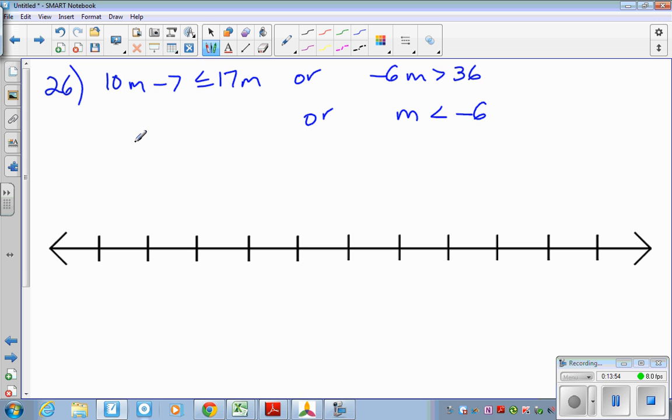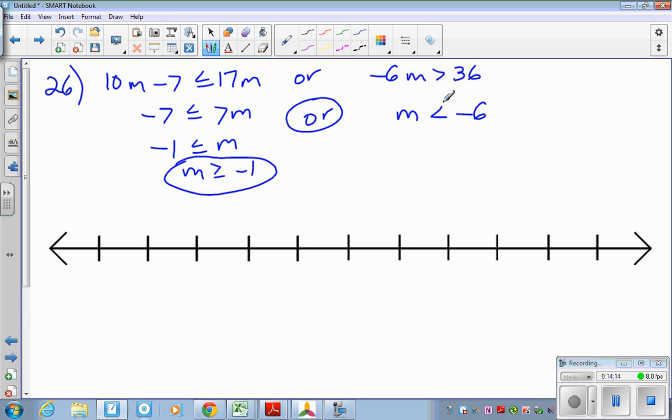Over here, we're going to end up getting negative 7 is less than or equal to 7m. Divide by 7. Negative 1 is less than or equal to m. Rearrange this as m is greater than or equal to negative 1. So you get m is greater than or equal to negative 1, or m is less than negative 6.